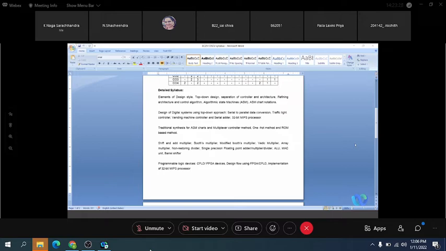Once you develop the logic, that means you are not developing directly as hardware, but rather you are developing on a software platform, something like logical simulations.